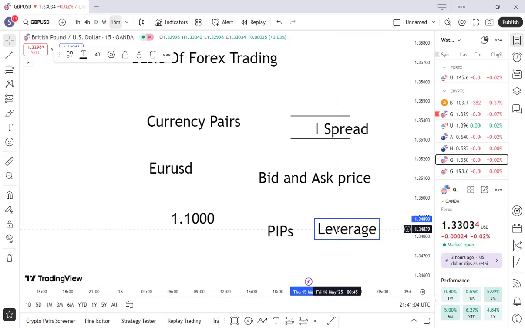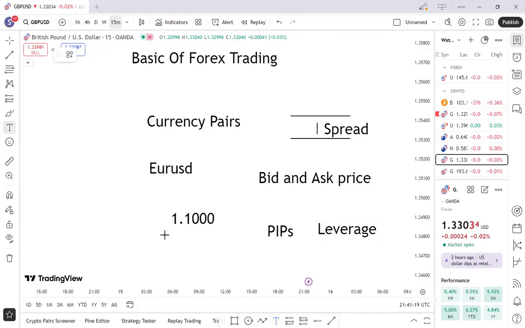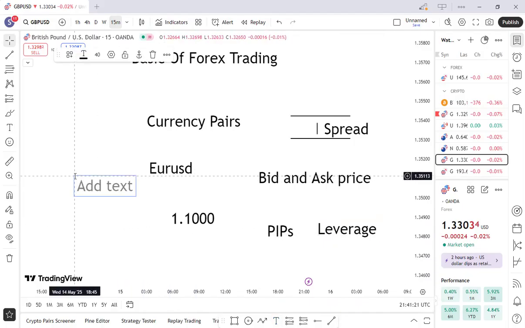Leverage allows you to control a large position with a small amount of money. I always tell my students to use this leverage to protect your account.